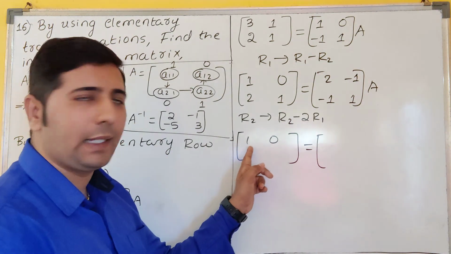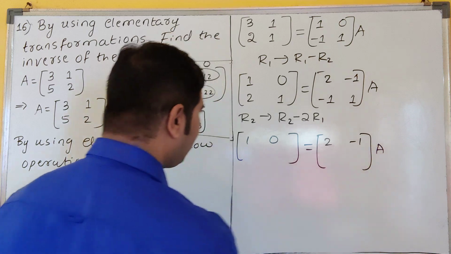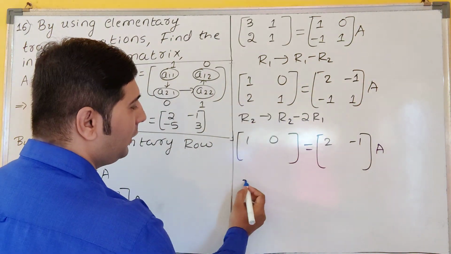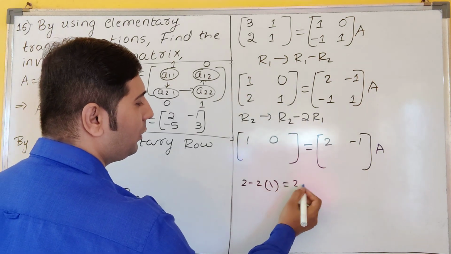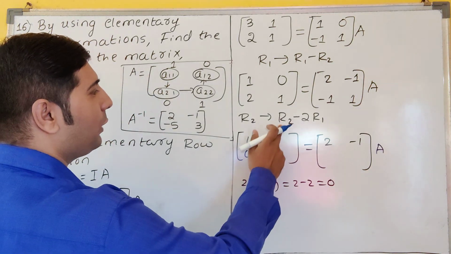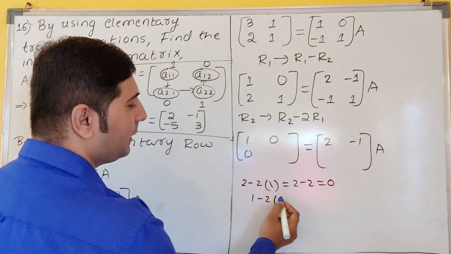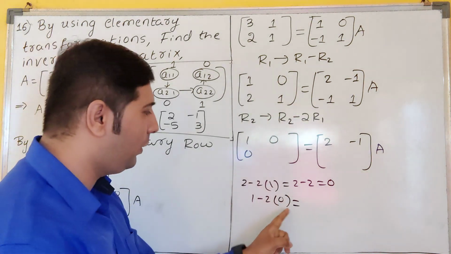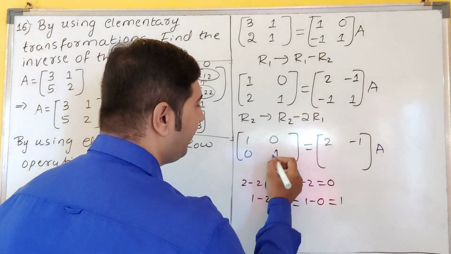If you are not changing R1, you have to write as is, 2 minus 1 into A. See, A everywhere I am writing. So now R2 is 2, minus 2 into R1 which is 1. So minus 2 into 1 is minus 2. 2 minus 2 is 0, yes or no? R2 is 1, minus 2 into R1 which is 0. Minus 2 into 0 is 0. 1 minus 0 is 1.